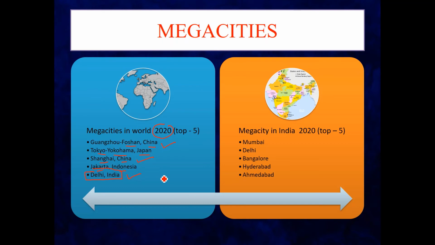So obviously, megacities are defined by population. So China and Delhi will be most populated in the world, right? And the top 5 megacities in India by 2020 are Mumbai, Delhi, Bangalore, Hyderabad, and Ahmedabad.